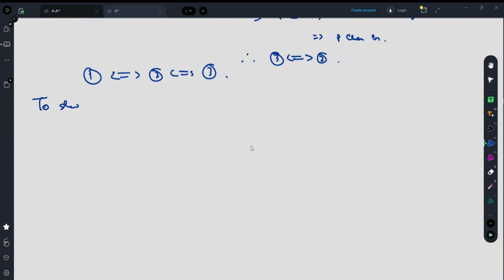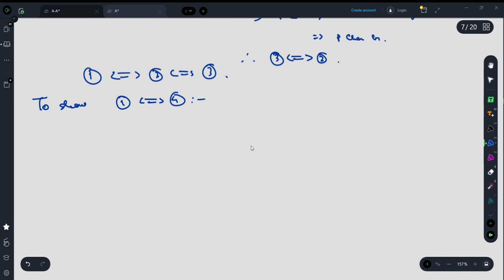Now we show that 1 is equivalent to 4 and then we will complete our cases. So now we want to show that 1 is equivalent to 4. Okay, how do we show this?